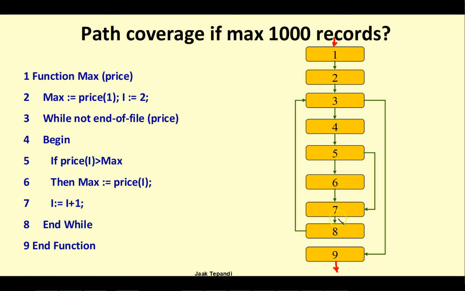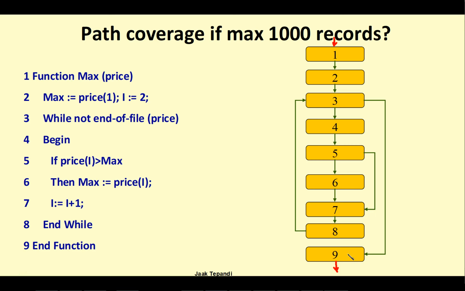Again, second time going through this. Then perhaps third time going through this branch that omits statement 6. Again back. Again here, again omitting and so on, and finally going to the exit or end function.